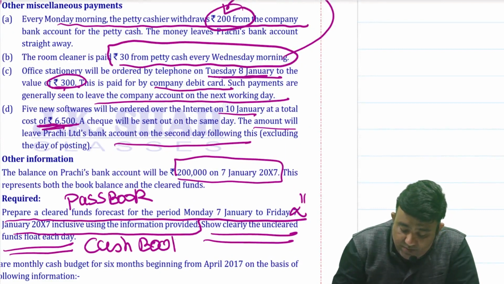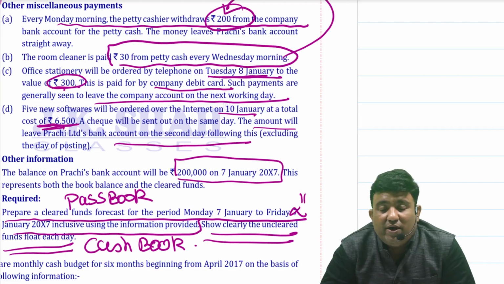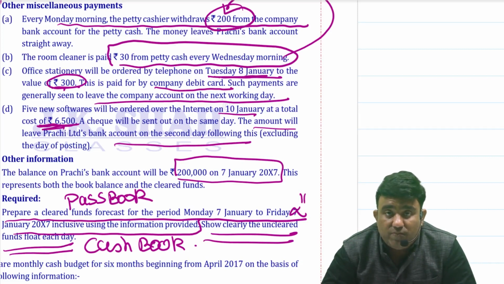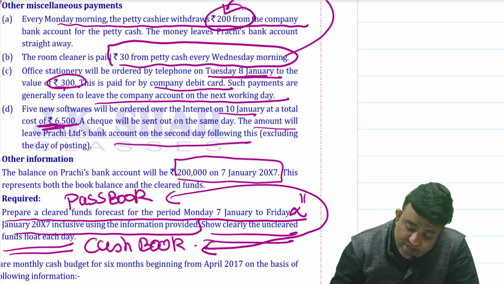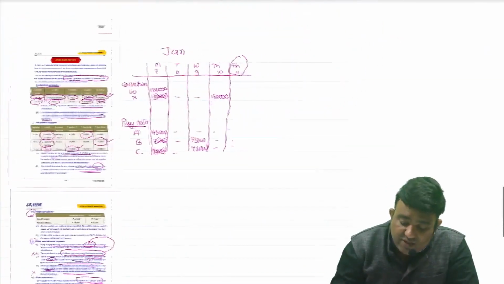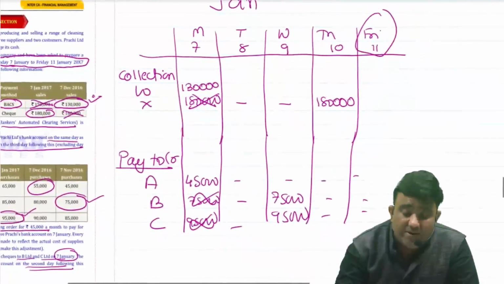Students, remember, in your childhood days you might have studied the concept of bank reconciliation statement, whereby you reconcile cash book and passbook. Yes, no? Yes. And here again we are supposed to reconcile it, and there are differences, and those differences will be considered as float. For example, let me guide you on this float.